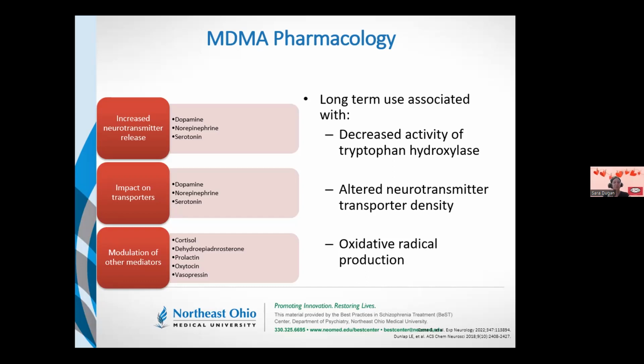So increased pro-inflammatory cytokines within the brain that may have an impact on some of the enzyme activity, as well as a number of other signaling processes that aren't working quite as efficiently as they had been prior to MDMA use. So it's still under investigation, but there do look like there are pretty significant effects that happen with the use of MDMA, especially on the long-term side of things.